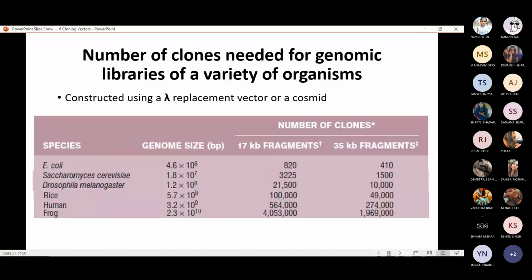So the representing clones, you need 3,000 for the 17 kb fragment, and for a 30 kb fragment you need 1,500.